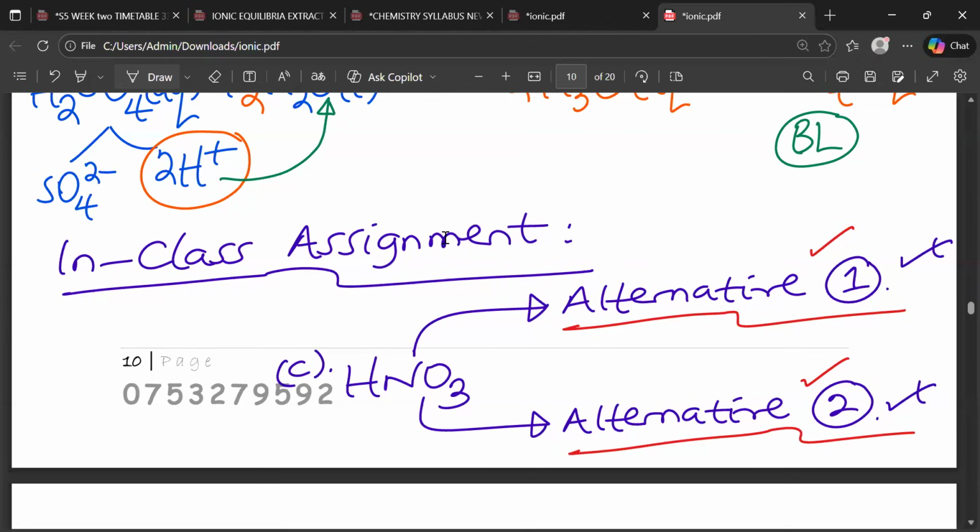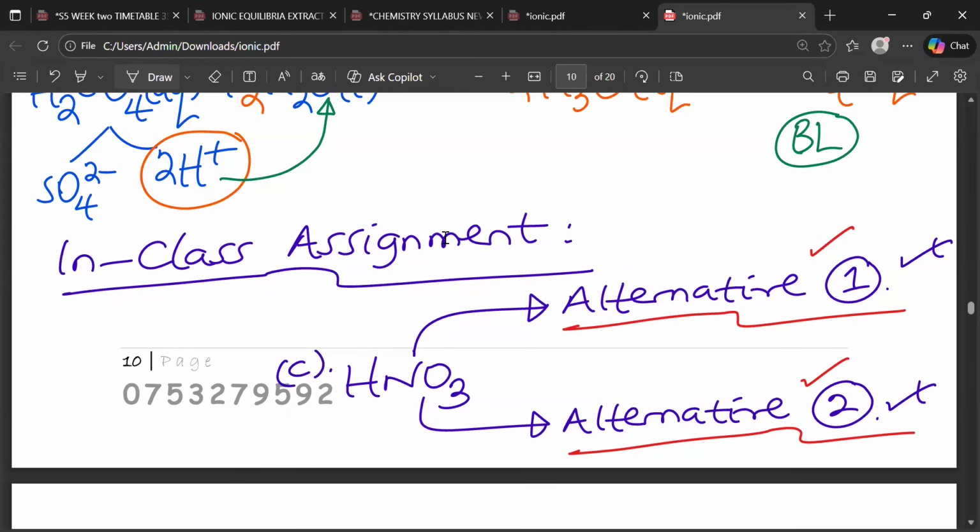Alternative 2 is HNO3 aqueous plus H2O liquid, full arrow, H3O plus aqueous plus NO3 negative aqueous. Very good.